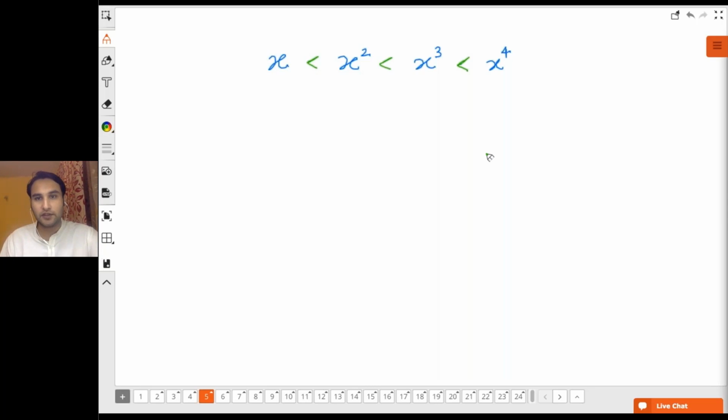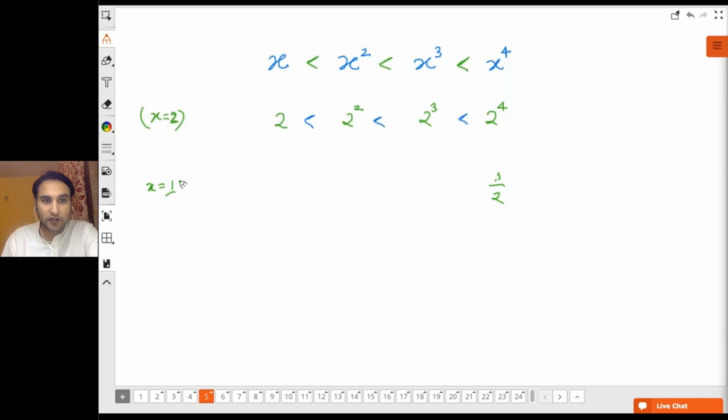Okay, let's take an example. Let's take x equal to 2. Guys, understand this, because this is based on what the previous IIT JEE question was. Let's take 2 to the power 4, 2 to the power 3, 2 square and 2. Which is greater? Absolutely no doubt: 16, 8, 4, 2. But the entire story completely changes if I take x equal to half.